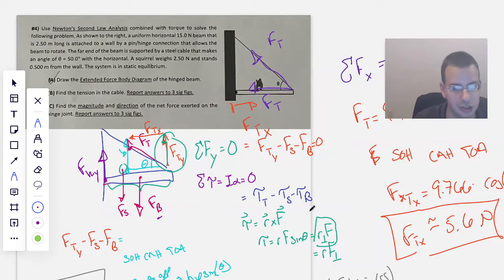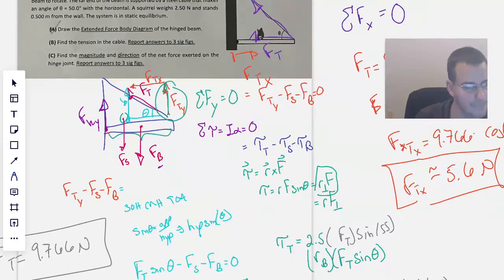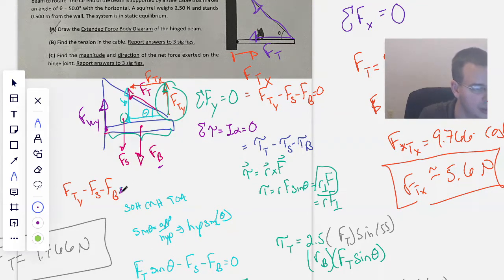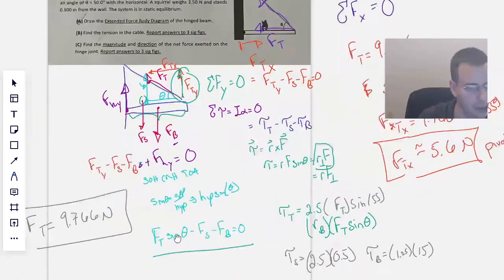And that's not going to play into the torques, because torque is radius times force, but if the force is at the pivot point, then the radius is 0 and it doesn't add to the torques. So drawing this in now does not invalidate our previous torque calculations. So going over here, adding in the force hinge in the y direction that I should have had earlier. I'm going to assume it's up, so if I get a negative number, it just means that it was actually down.